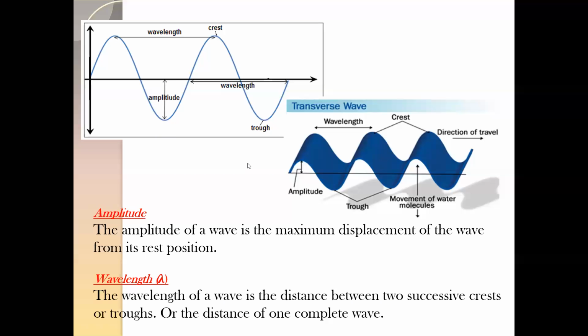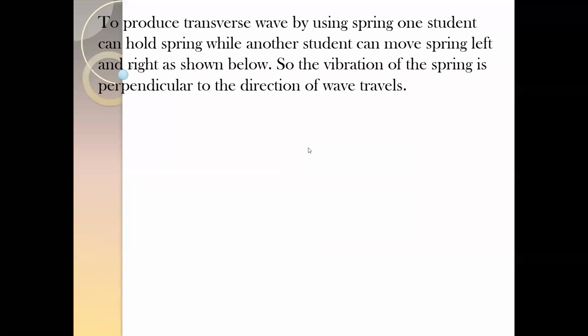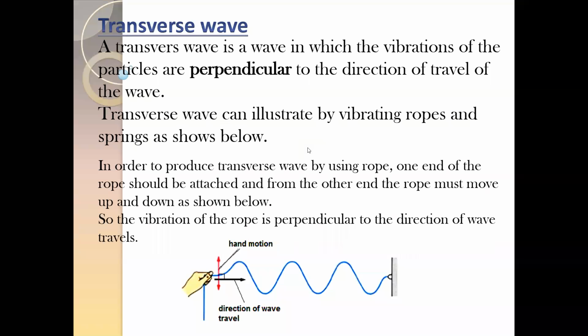So amplitude is the distance from mean position to extreme position, whereas wavelength is the distance between the two successive crests or troughs, or the length of one wave. How many wavelengths are there in this picture, starting from this point A?